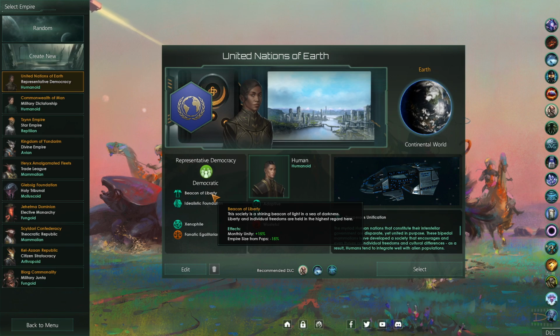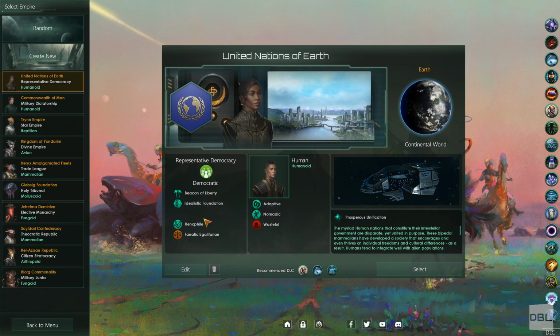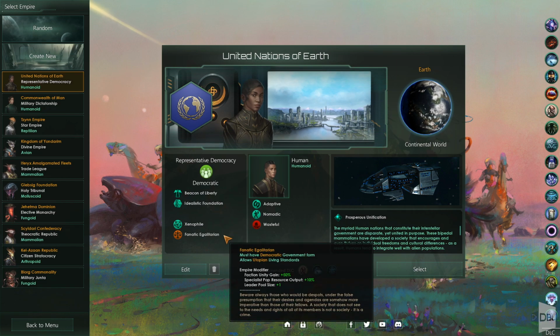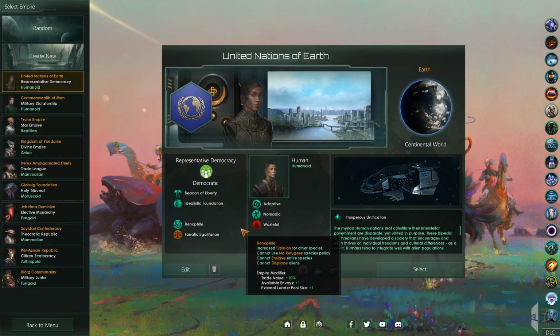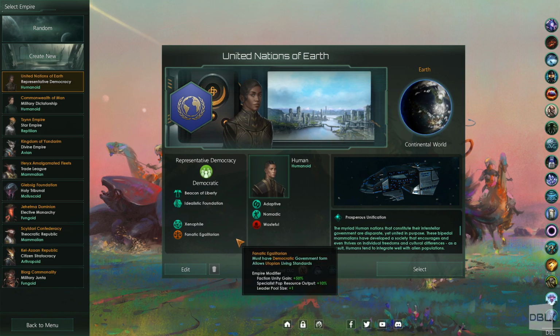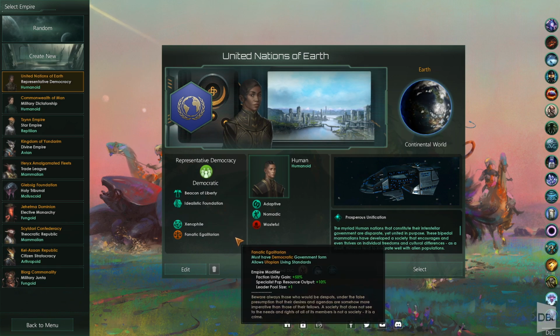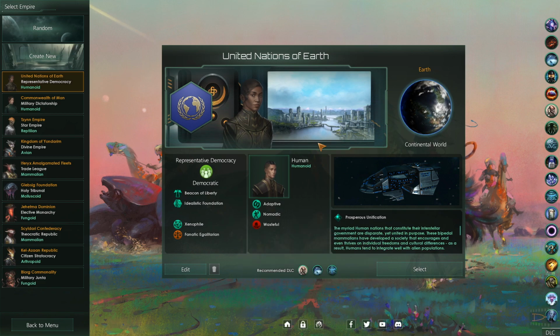Empire size from pops negative 15%. Yeah, I honestly have no idea what's going on here. It's going to take a while to get rolling here, but I'm not planning on rushing this game. This is going to be a game that I can kind of play whenever.